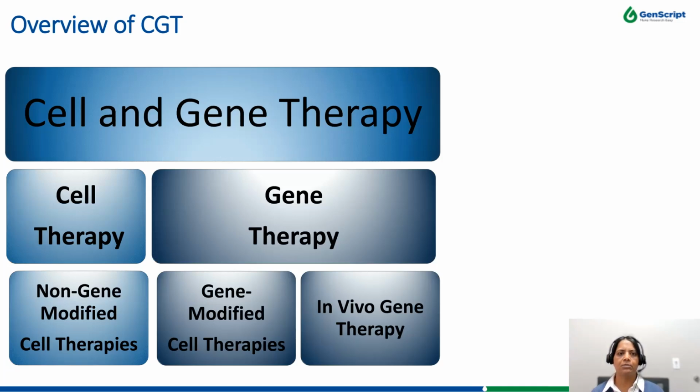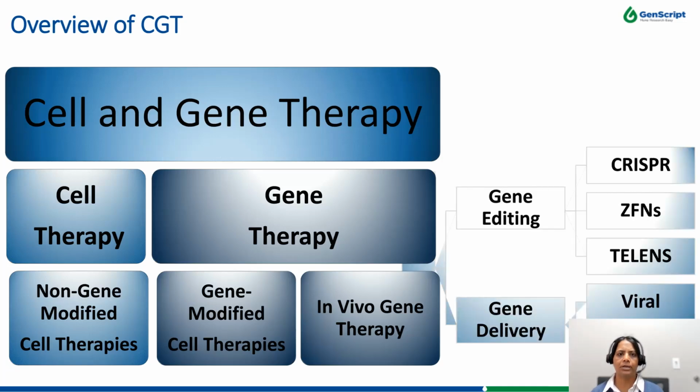And gene delivery can be done using the viral method, where a virus is used as a vector for delivering the gene, or a non-viral method, which does not involve viruses but uses nanoparticles, HDR templates, or some different kind of systems. And for these gene editing experiments, tools like CRISPR, zinc finger nuclease, and TALEN can be used.